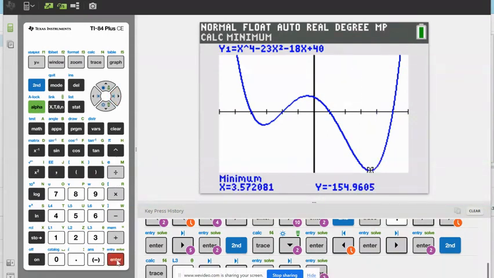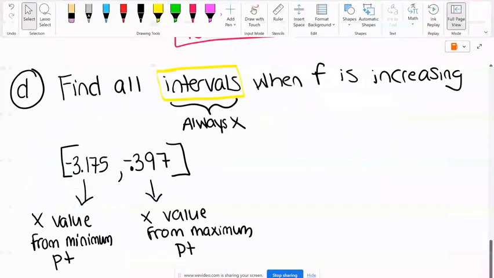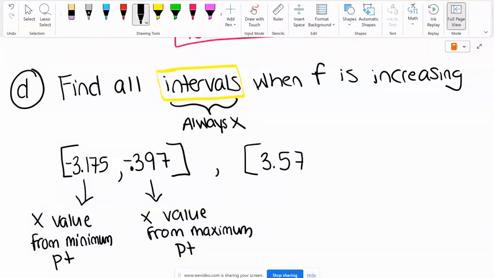And we found our minimum. Are we looking at x or y for the interval? X. So we're 3.572. So this is the x value from the second minimum.